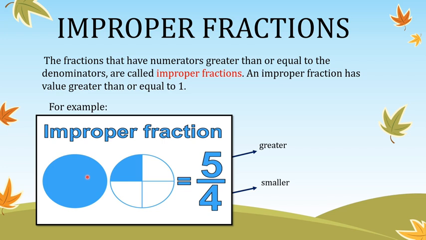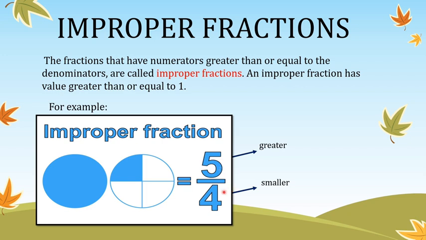So what improper fraction will you write? This figure is also divided into 4 parts. So 4 and 1 part makes how much? 5. So 5 upon 4. Now here 5 is the numerator and 4 is the denominator, where 5 is greater than the denominator. Upper number is more and lower number is smaller.